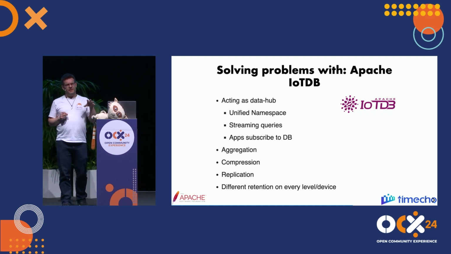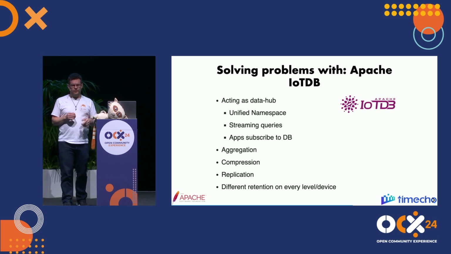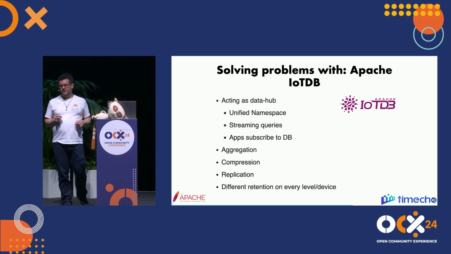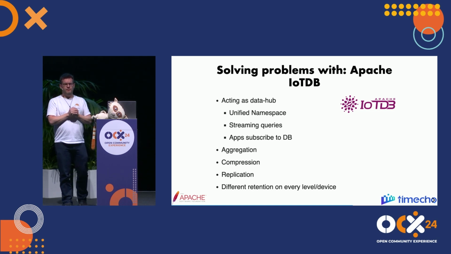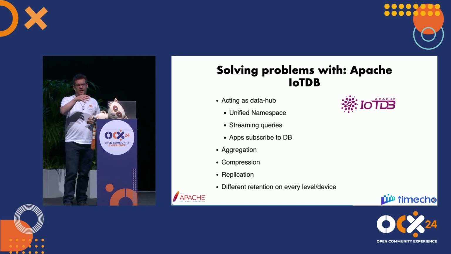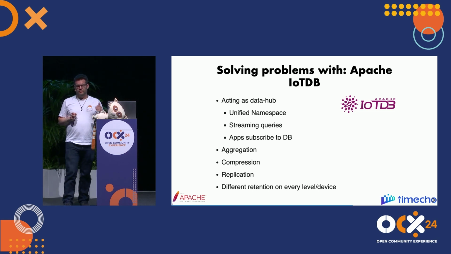Now, instead of having each app ask the hardware, what's the value, what's the value, you just subscribe to IoTDB, and you can even do streaming queries. So you can say, please inform me as soon as there's new data there, and you get a callback from the database. So you can write your microservices a lot simpler to react to changes in data.